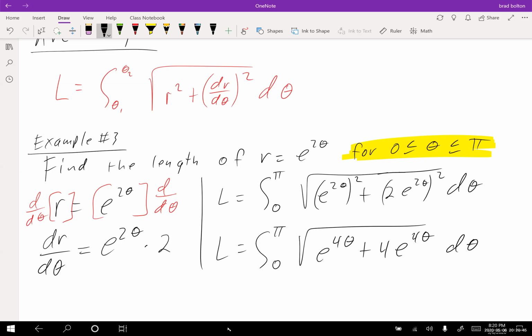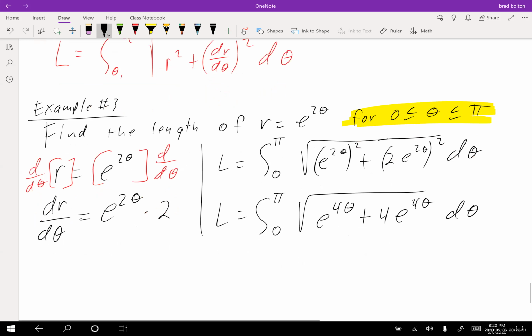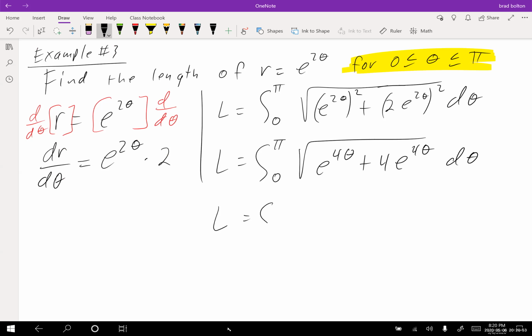Well, that looks promising. Those are like terms, so we can clean that up. This becomes the square root of 5e to the 4 theta d theta.